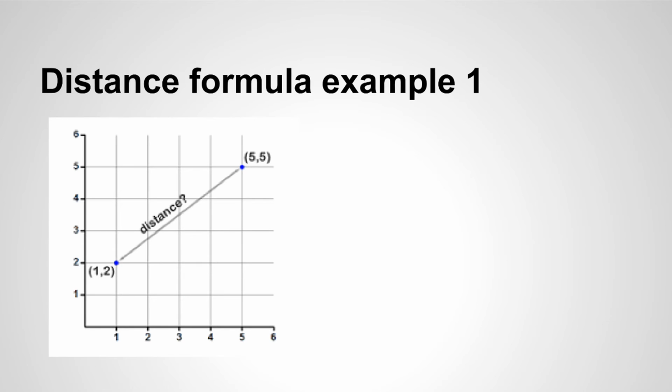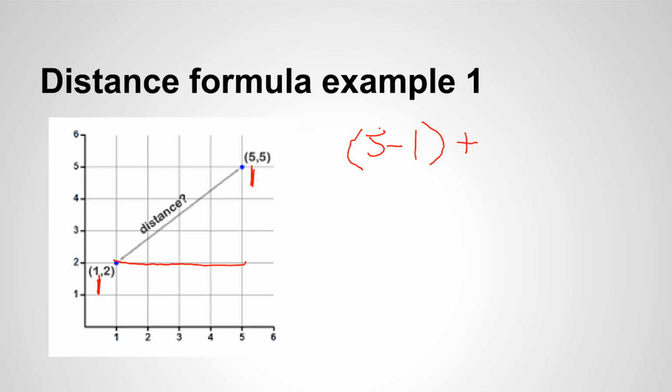So if that doesn't make sense on its own, let's look at an example and see how we use that. So essentially what we have to do is we are going to find the distance between the x's. So we have an x here and we have an x here. And so to find the distance, well, we can just draw it and figure it out that way, but we usually want to do this mathematically. So what we're going to do is we're going to use our parentheses, and we have 5 minus 1.